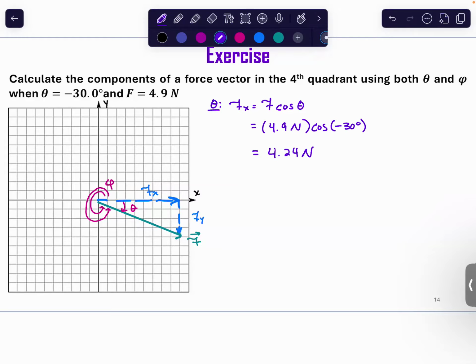No matter what I calculate, I'm going to leave that positive because the x component is pointing in the positive x direction. So I switch to sine for the y component.